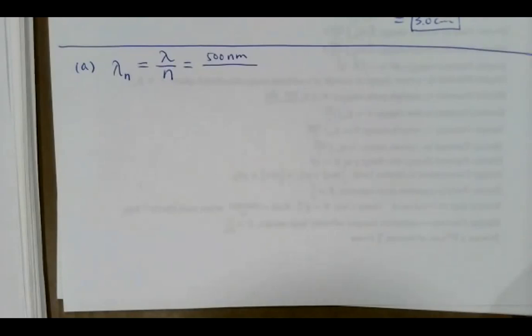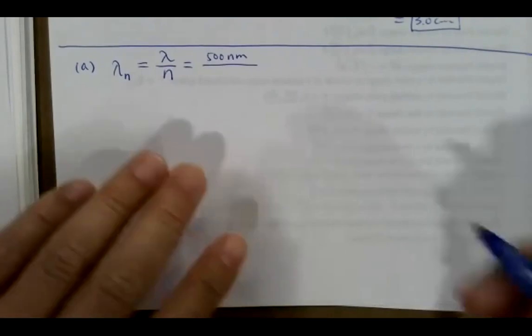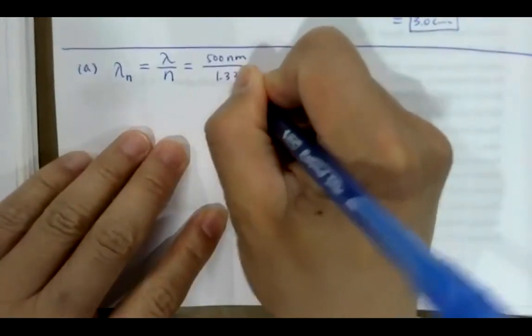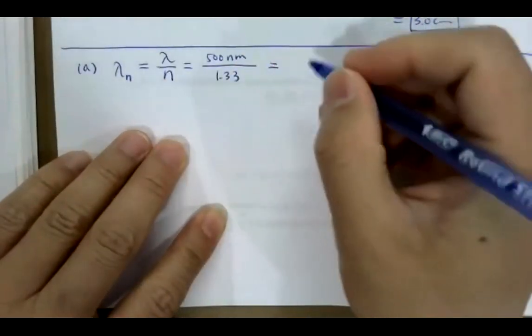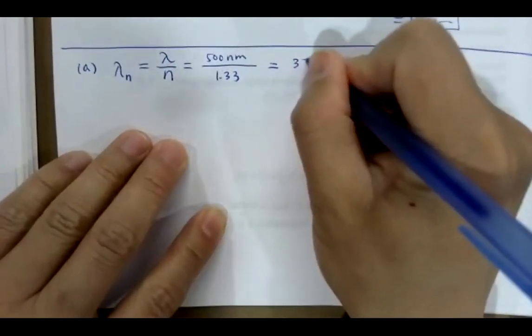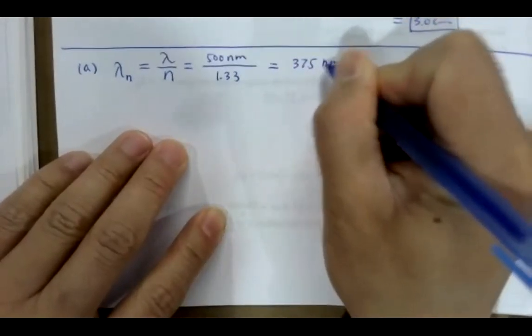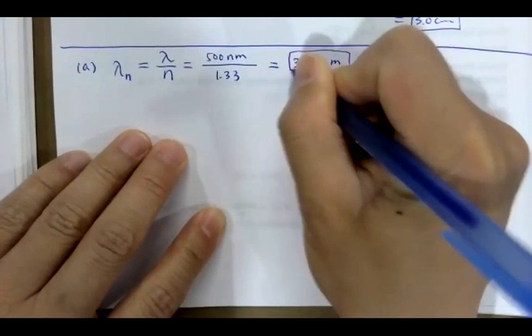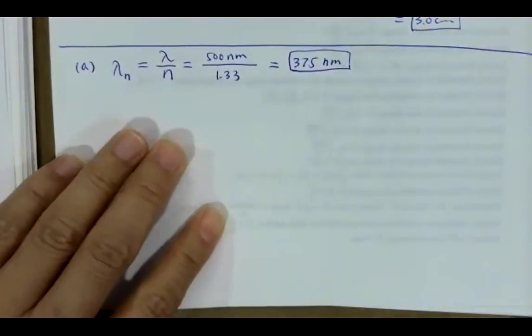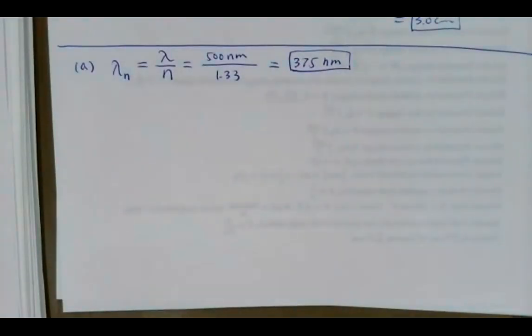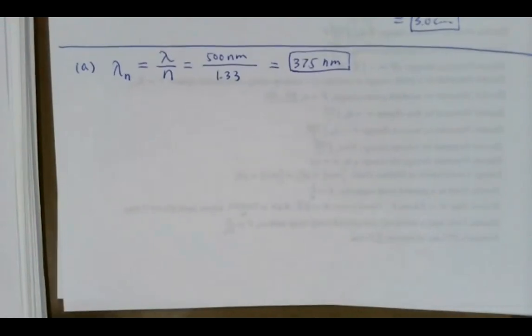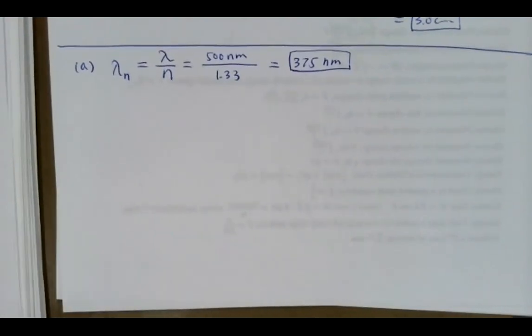You can look it up for water. It's 1.33. So it will be 375 nanometers. When the 500 nanometer light enters the water, its wavelength is reduced to 375.